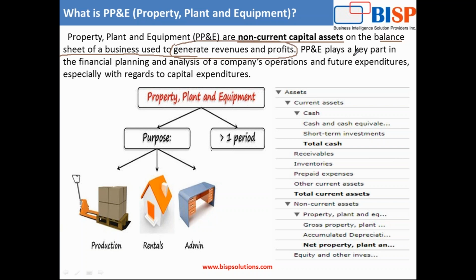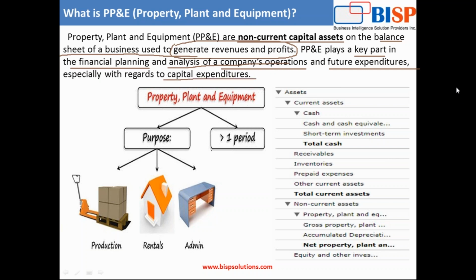And property, plant, equipment plays a key role naturally in financial planning. And often property, plant, equipment are taken directly from the ERP system and loaded into your CapEx module. They also analyze organization performance, company operations and future expenditure, especially with regards to capital expenditure.